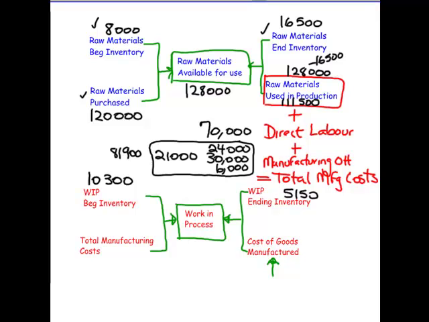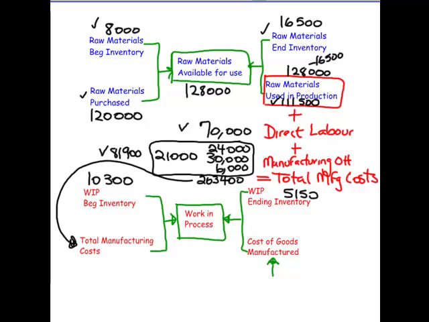We're going to add the raw materials used in production, the direct labor, and the manufacturing overhead, and that's going to give us our number for total manufacturing costs. That number is $263,400.